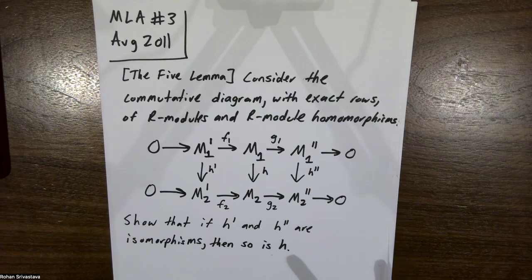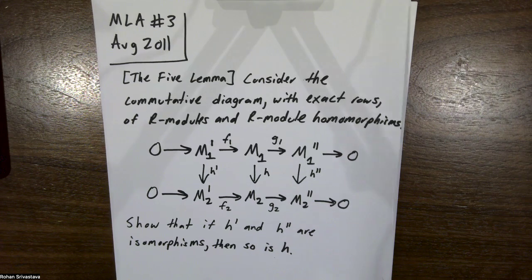Okay, so let's prove that H is surjective, and what we're going to need is that H prime and H double prime are surjective, which we have because they're actually isomorphisms, but we're going to use that they're surjective.